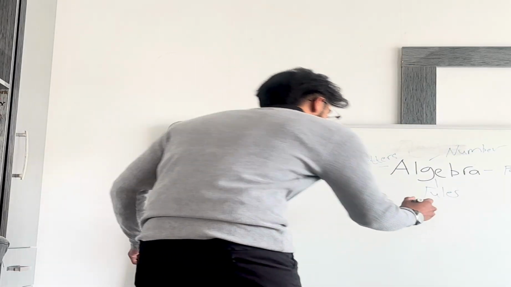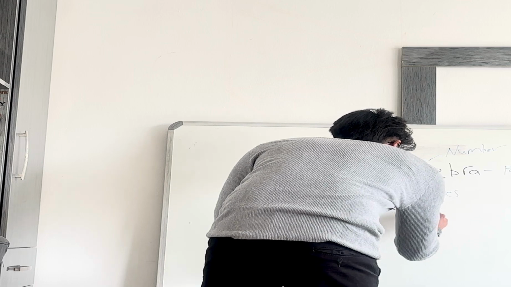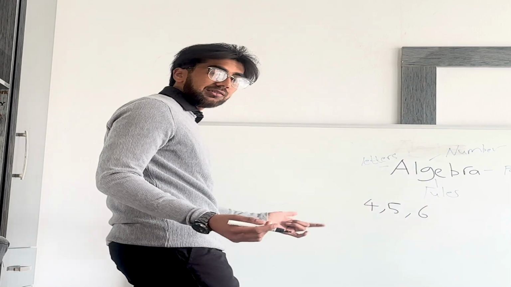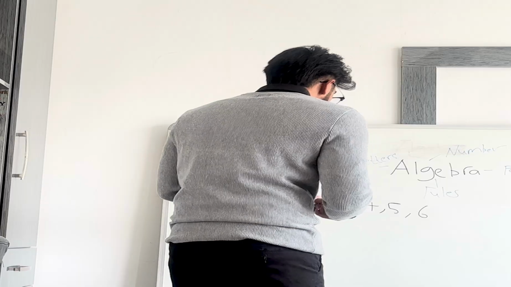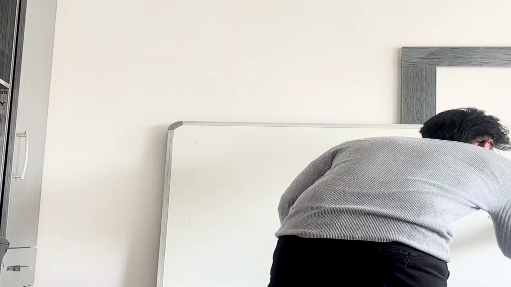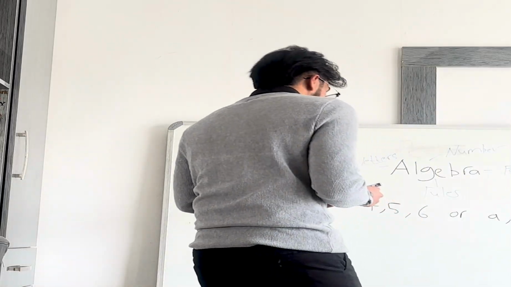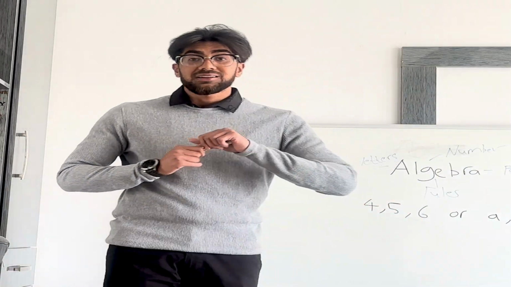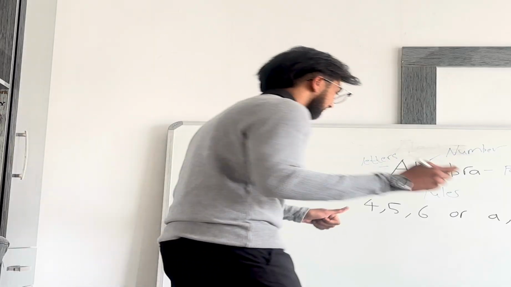So instead of using only numbers like 4, 5, and 6 to represent expressions, we use letters like A, X, and Y. And what do they represent? They represent unknown values. Let's make a quick note there.